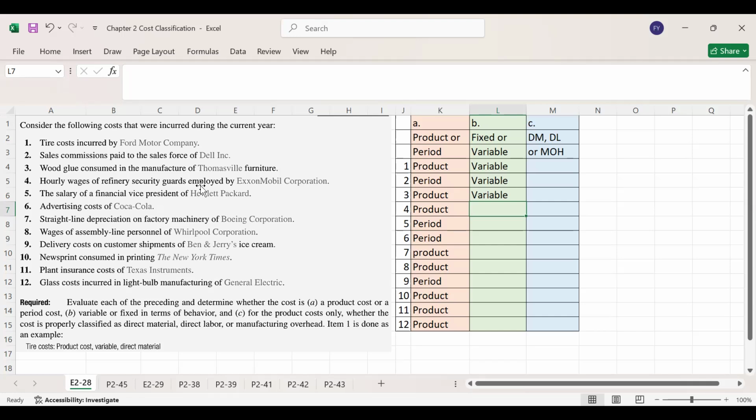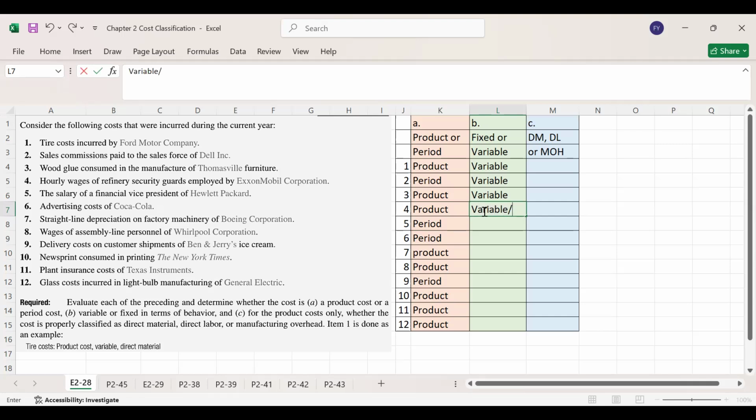But because these wages are basically hourly wages, more units produced means more security guard duty is required. So if a security guard's salary is based on hourly wages, then this is variable.